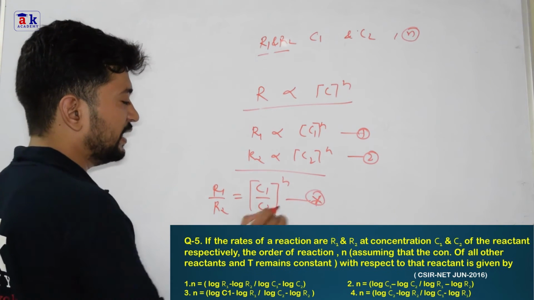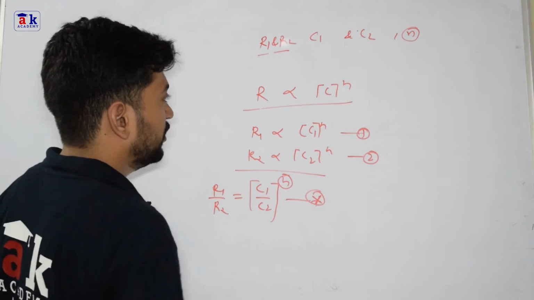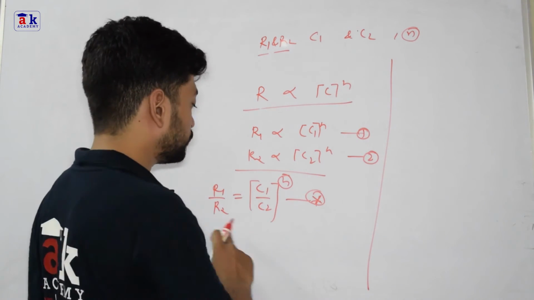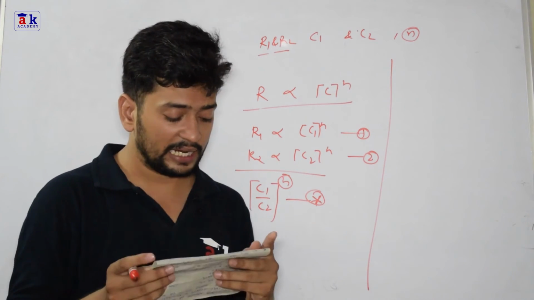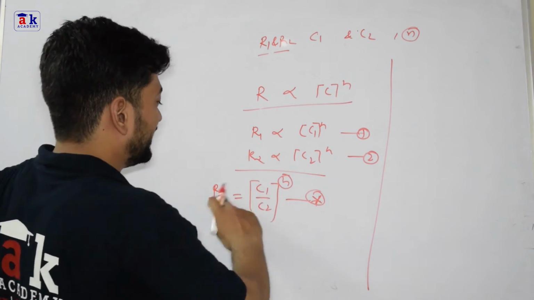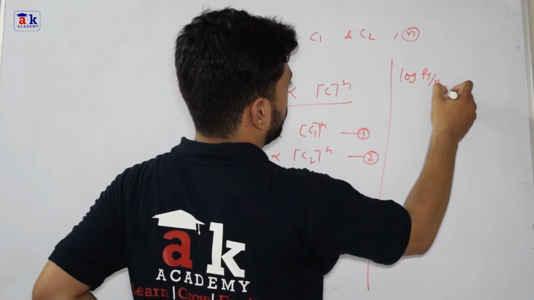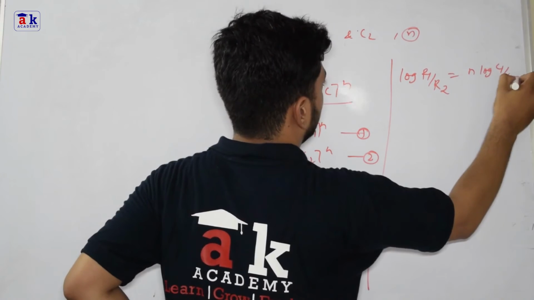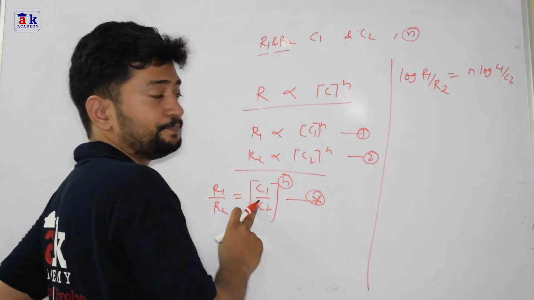Now we got this one. After this we have to find out n. So how can we find it out? We can take log or ln. Let's check in the options whether log or ln has been given. In the options we have log. So this will become log R1 divided by R2 is equal to n log C1 divided by C2, because n will come to this side.